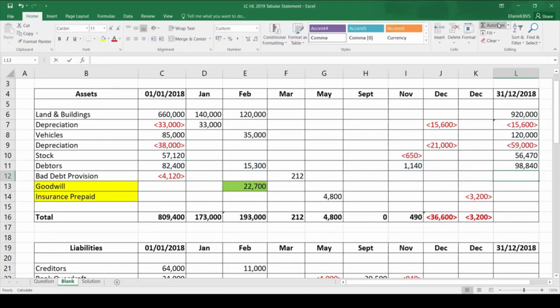Debtors are 98,840. Bad debt provision is 3,908. Goodwill 22,700. And insurance prepaid 1,600. And again, if I total all of those, I get 1,141,102. And I can just check adding them down again and I get the same amount.